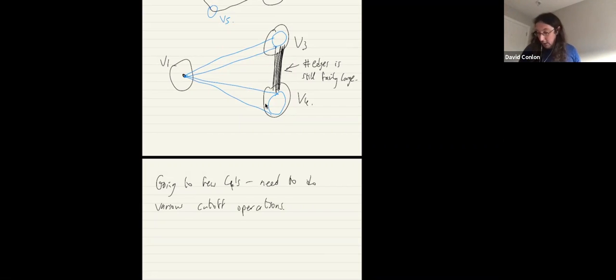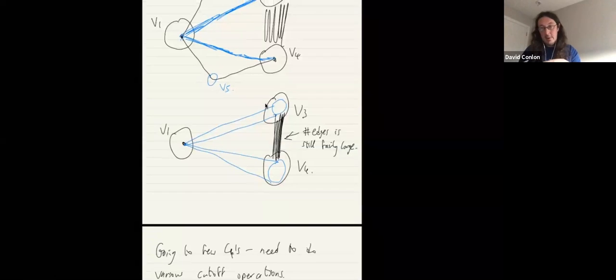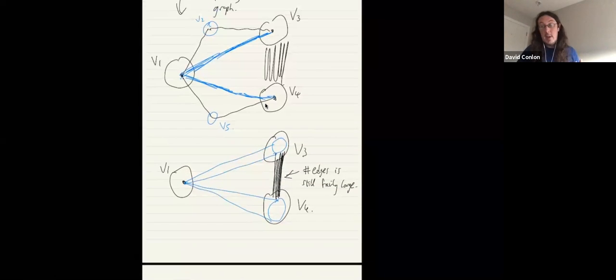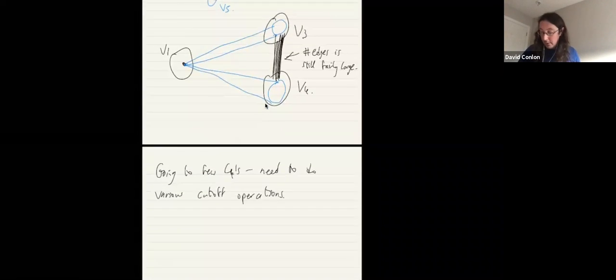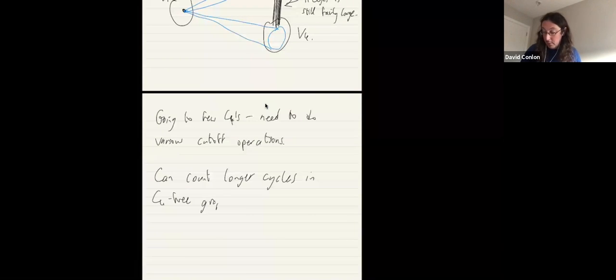Okay, a few points just before I finish. One is that I've talked about counting C5s, but essentially there's no big difference if I wanted to count C7s instead, or C6s or anything else. So you can count longer cycles in C4-free graphs as well, and the methods are very similar.